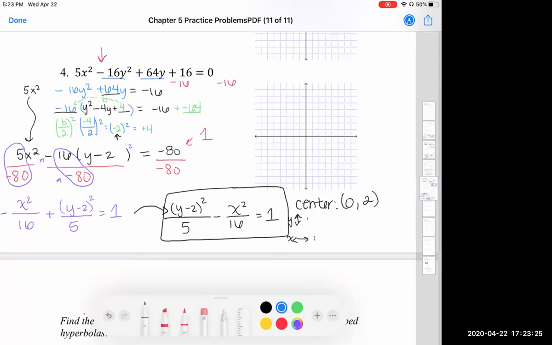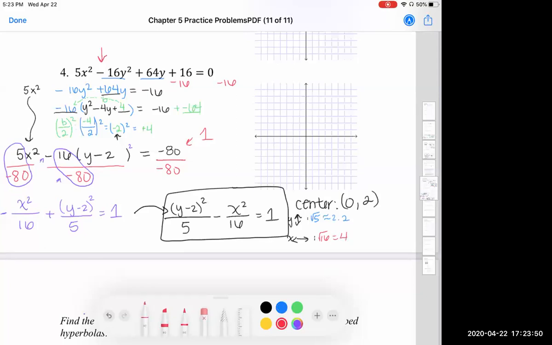All right, so for our y, we have the square root of that 5, since we have it under that y. Punch into your calculator, square root of 5 is about 2.2. And for our x, we take the square root of 16, which gives us 4.